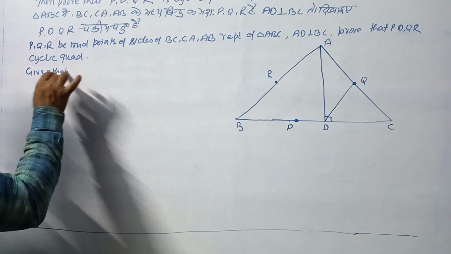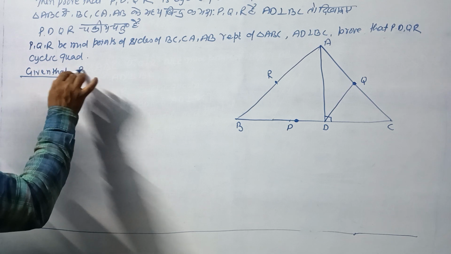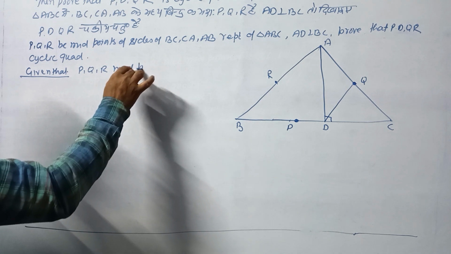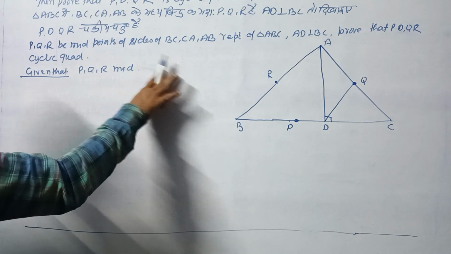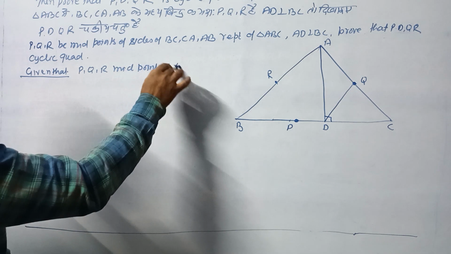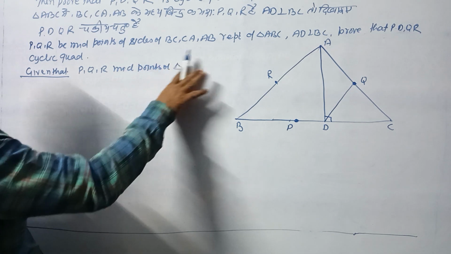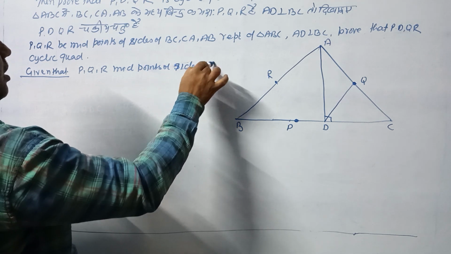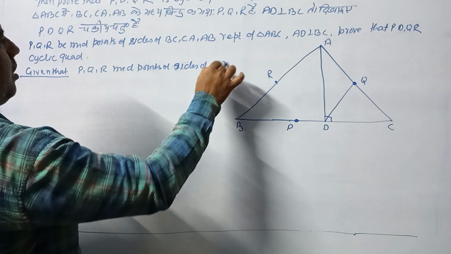Given that P, Q, R are midpoints of the sides of triangle ABC.